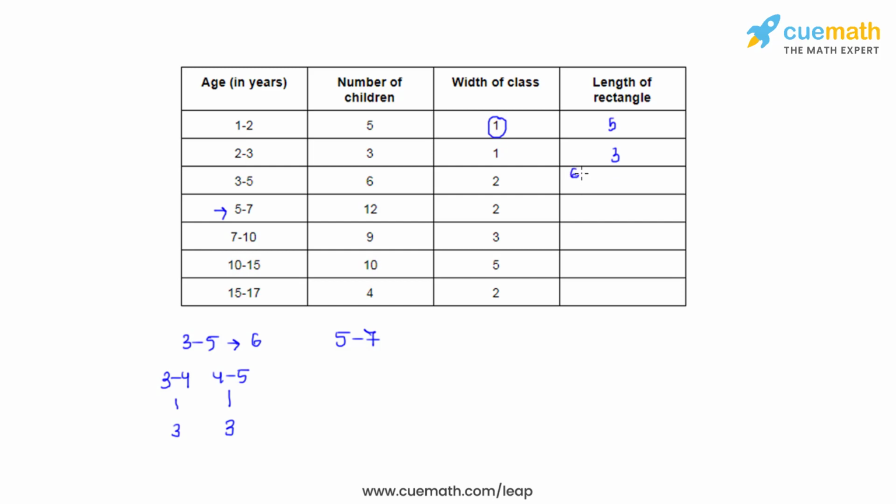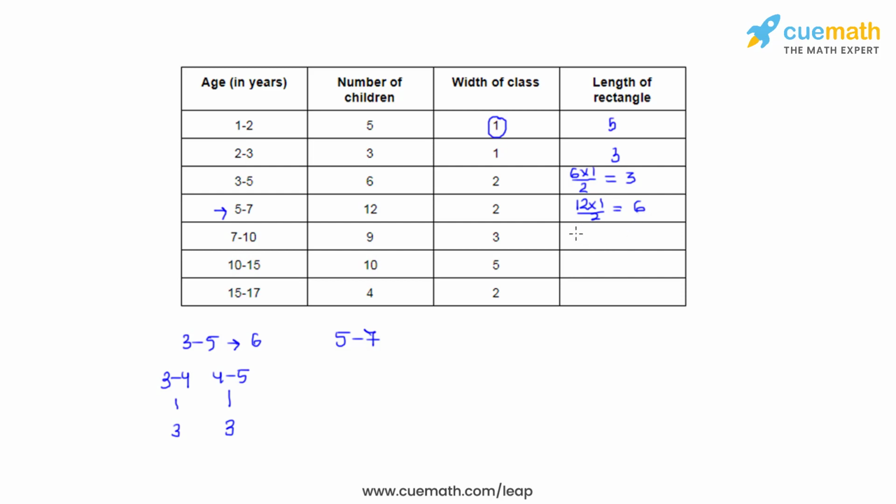We write it as 6 times 1, which is the class width of each subclass interval, divided by the width of the main class interval, which is 2, and that gives us 3. Likewise, for the next one, we write 12 times 1 divided by 2, that gives us 6. 6 is the adjusted frequency.